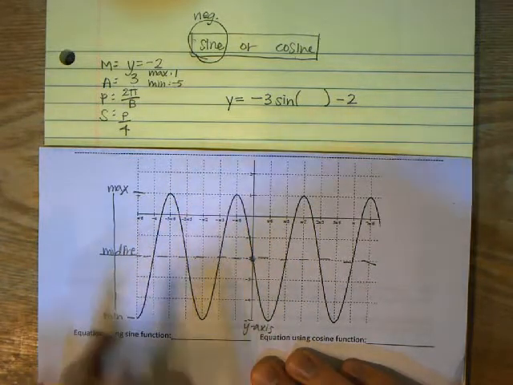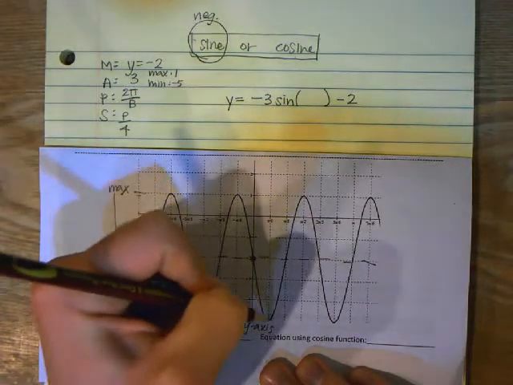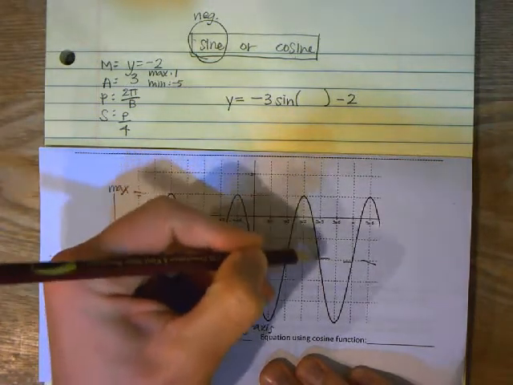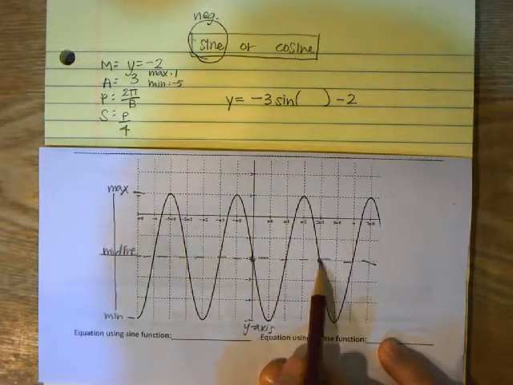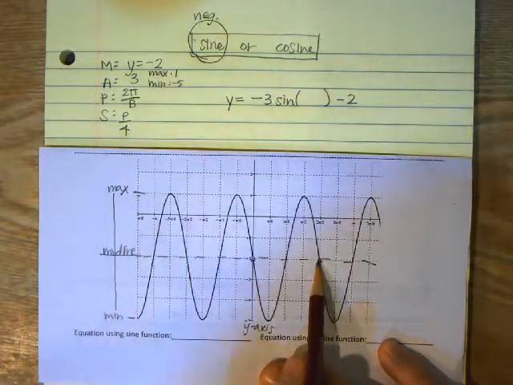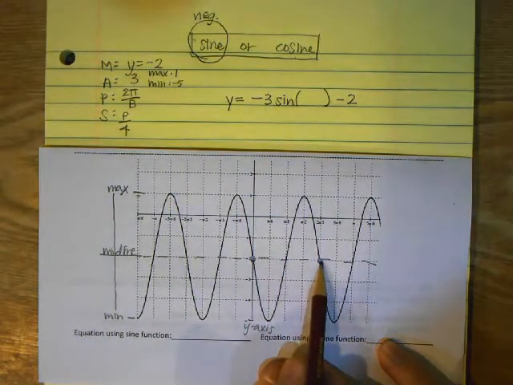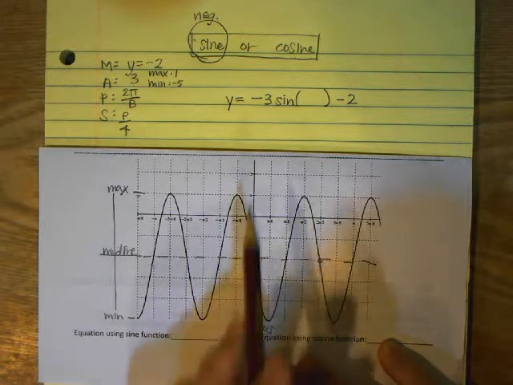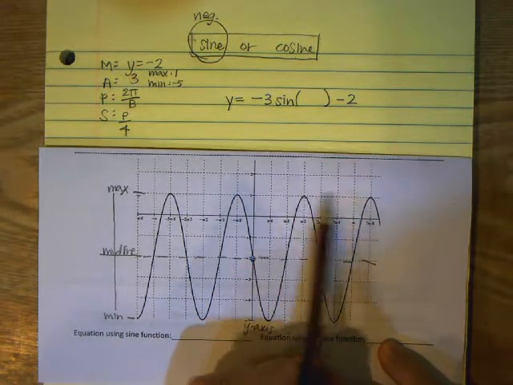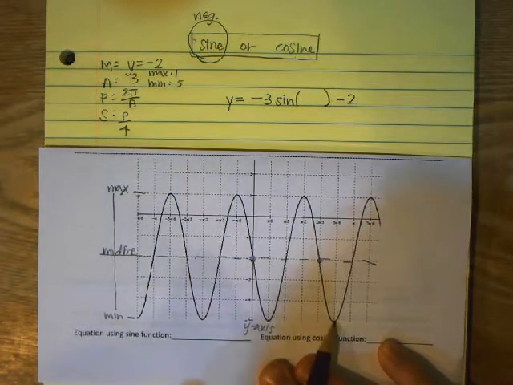What is the period? If I follow here, I know that the period is going to be 1 complete cycle of the function before it begins to repeat again, which takes me here to 2 pi over 3. So I know that my 1 period is 2 pi over 3. Another way to measure that distance would be to go from 1 maximum to the next maximum, or 1 minimum to the next minimum.